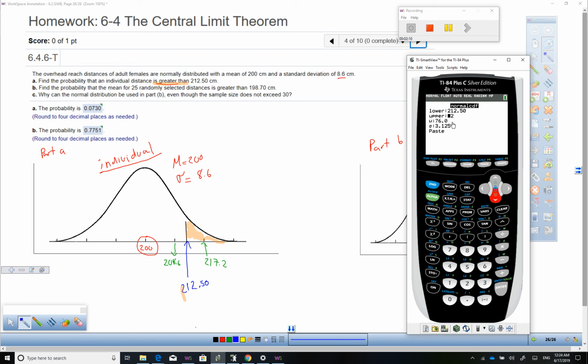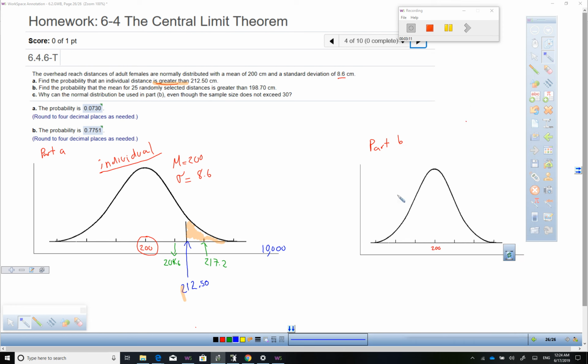The upper limit, you can choose anything very, very extreme, very large, like positive 10,000, with a mean of 200 and standard deviation of 8.6, and press enter, and that's how you get this probability.